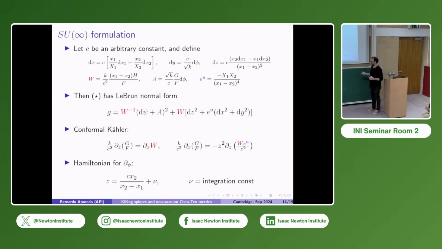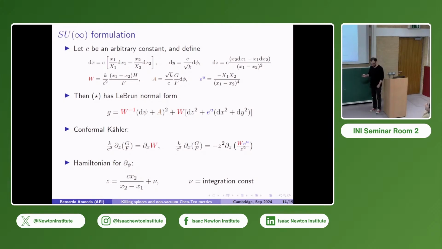Can I just ask, so now you're in the scenario where you're moving away from Chen-Teo, so x1, x2, G and F are arbitrary. Yeah. But to put it in the Lebrun form and to make sense of a Hamiltonian, you need to define a Hermitian structure. Well, that's this assumption here. How do you pick a two form?